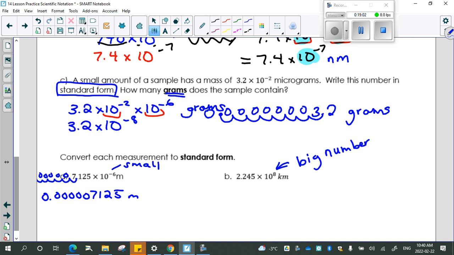So I'm going to move the decimal 8 places to the right. So that's going to give me 5 zeros. And then if I wanted to say it out loud, I would put a little comma every 3. So it's 224,500,000 kilometers.